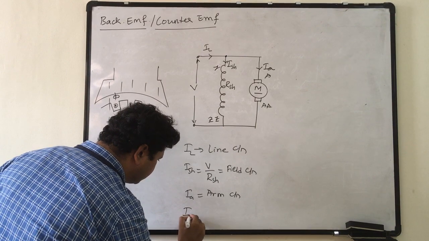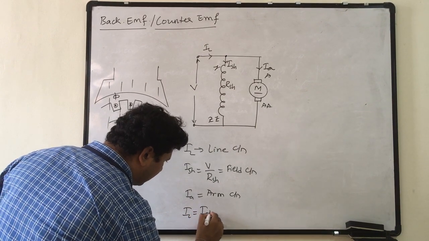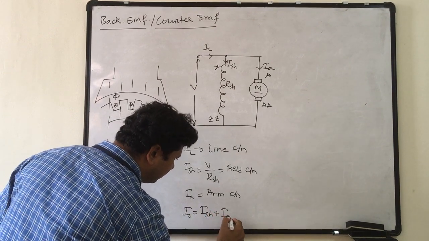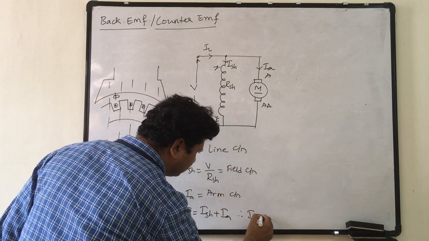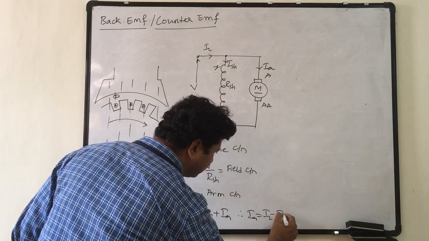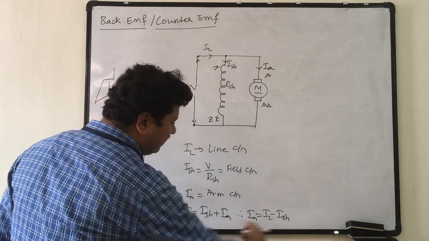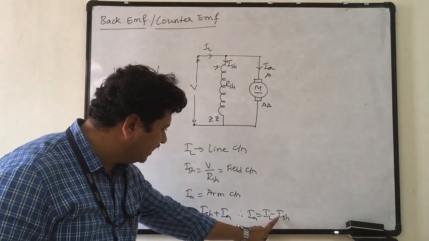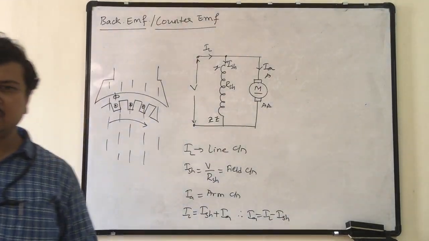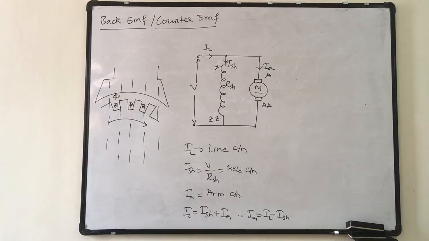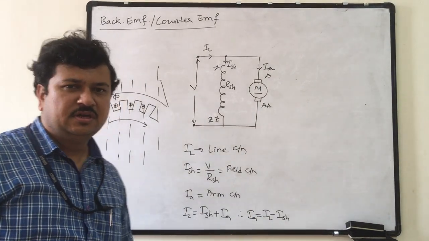So IL is equal to ISH plus IA. Therefore IA is equal to IL minus ISH. Equations remain same, only the sign changes here. In case of generator, it is IL plus ISH. In case of motor, it is IL minus ISH.